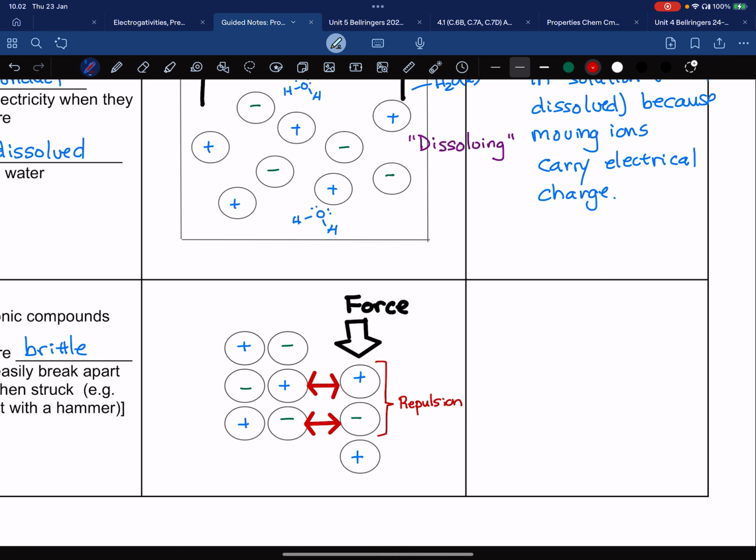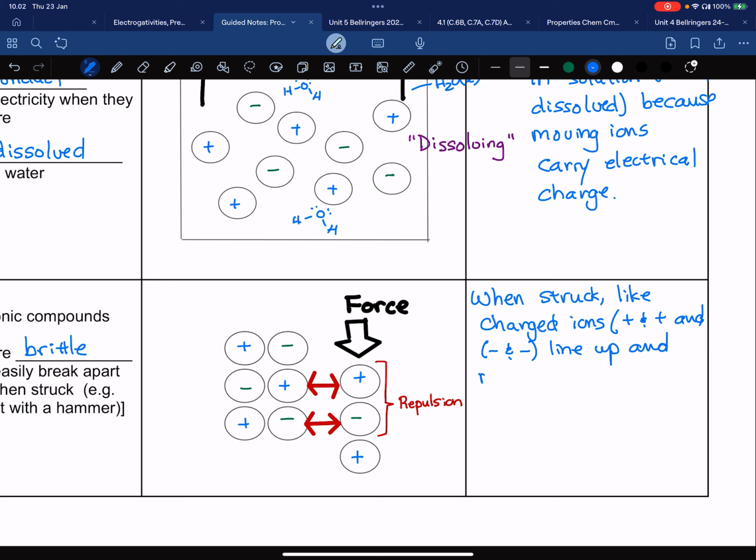Okay, so the explanation for that is when struck, like charged ions, in other words, positive and positive, and negative and negative, line up and repel, so the crystal breaks.